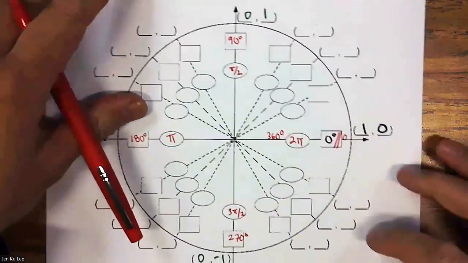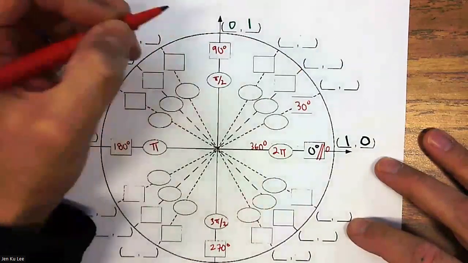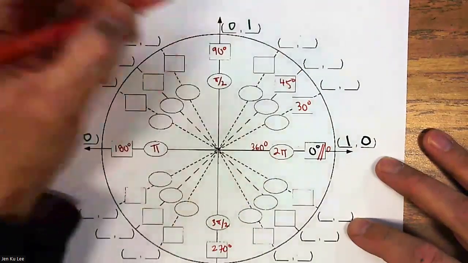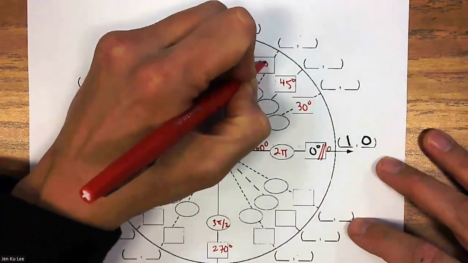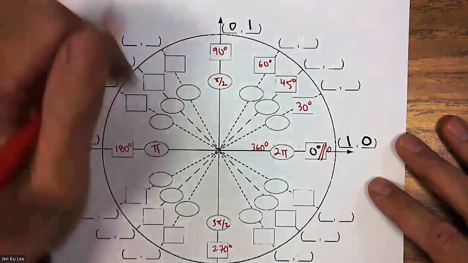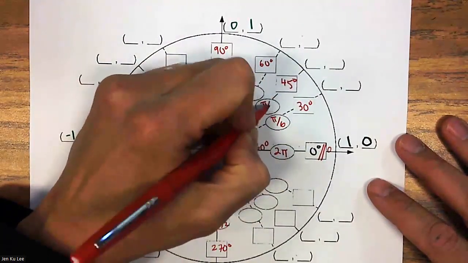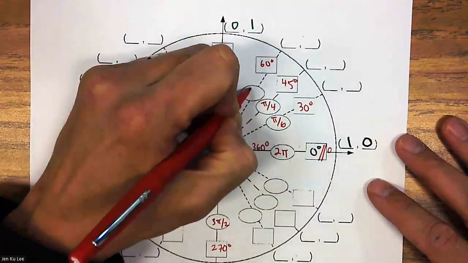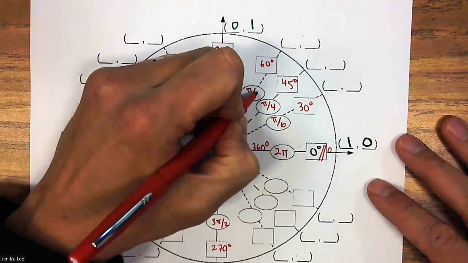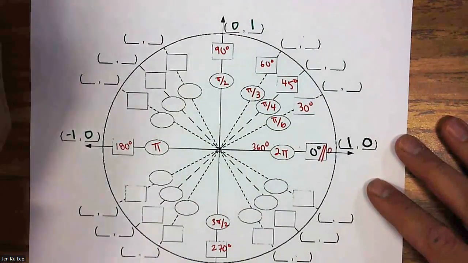We also talked about how this was 30 degrees, 45 degrees, and 60 degrees. And in radian measures, that would be pi over 6, pi over 4, and pi over 3, right?